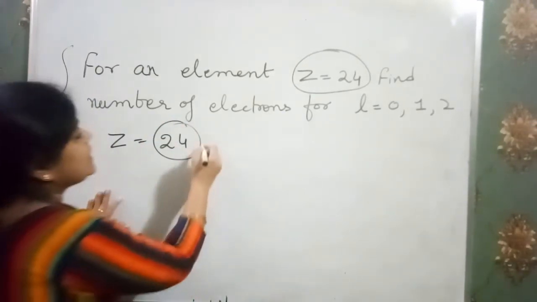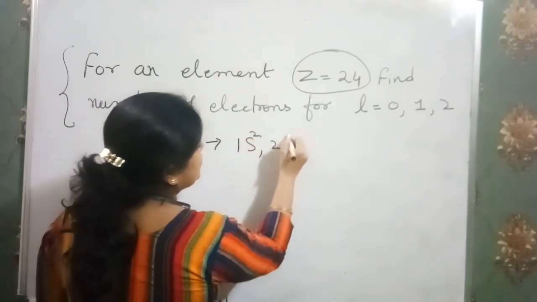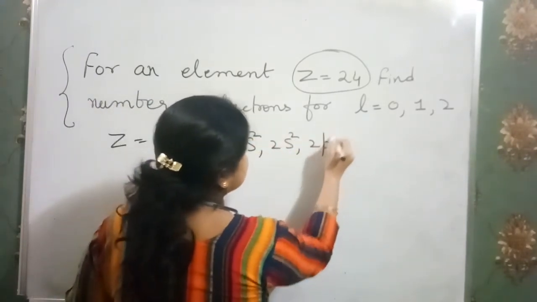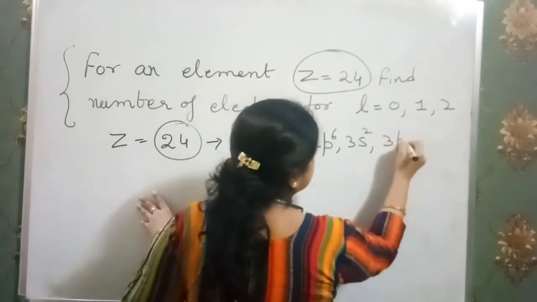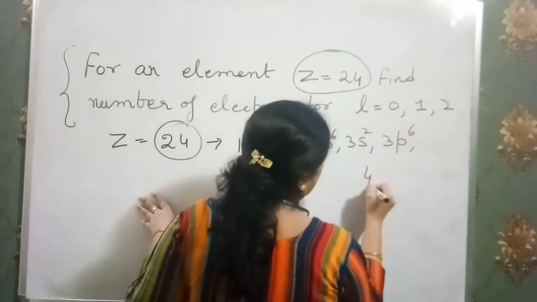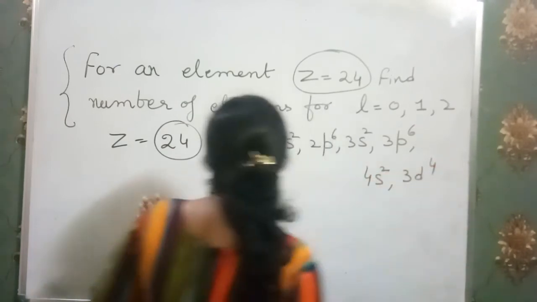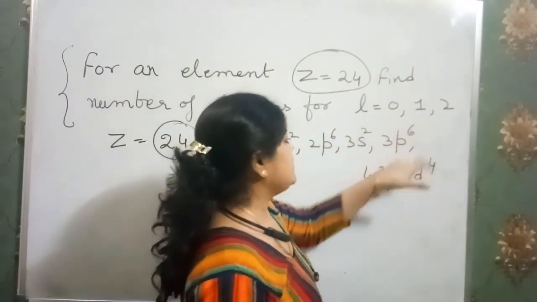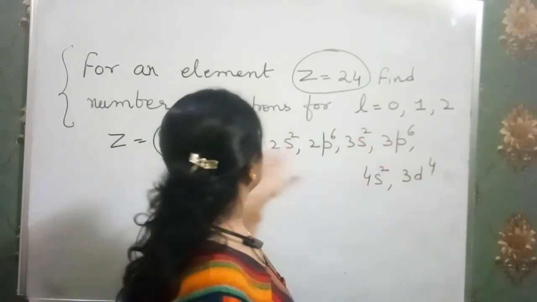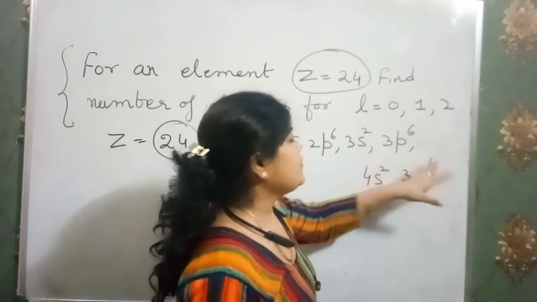Using the aufbau rule, we write 1s2, 2s2, 2p6, 3s2, 3p6, then 4s2, then 3d4. Clear? 2, 4, 6, 10, 12, 18, 20, 24.